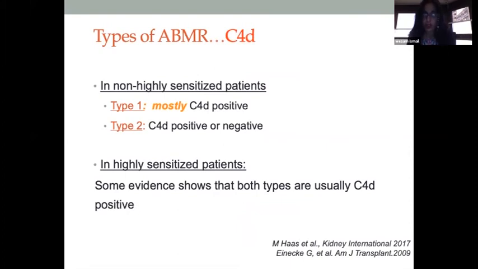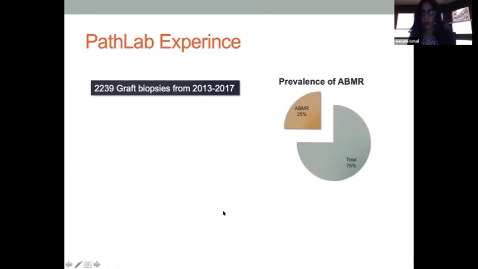So if you don't have C4d positivity in an early transplant or an early biopsy, don't rush to a diagnosis of antibody-mediated rejection, except if you have a valid reason why your C4d is negative, like tissue necrosis, an inadequate biopsy, or strong anti-rejection treatment given. While type 2 could easily be positive or negative. However, in highly sensitized patients, C4d is almost always positive. This is from our experience.